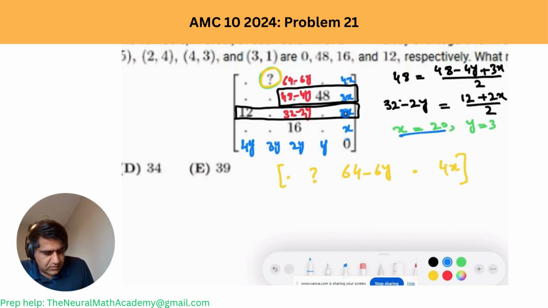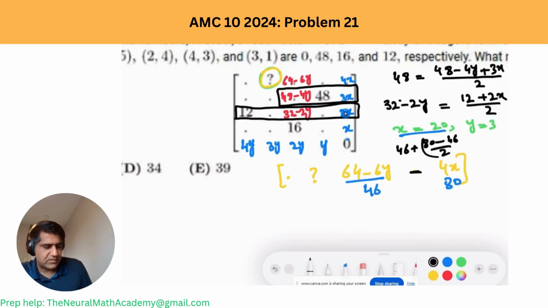If I plug in this value, I would get 80 for this one, and if I plug in this y, I would get 46. Now to find the value for this one, we can subtract 46 from 80 and then add this term.